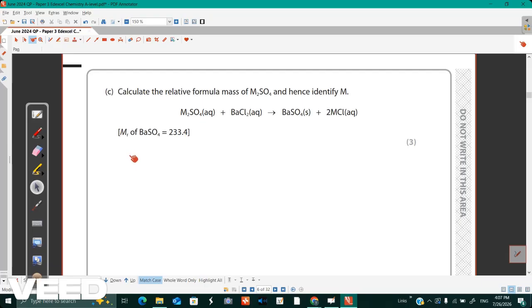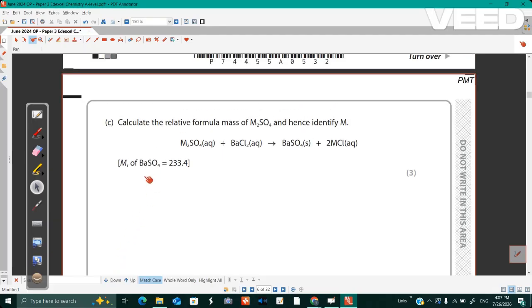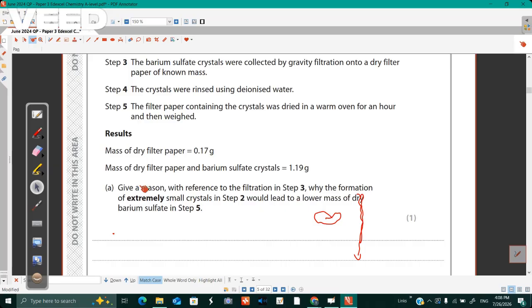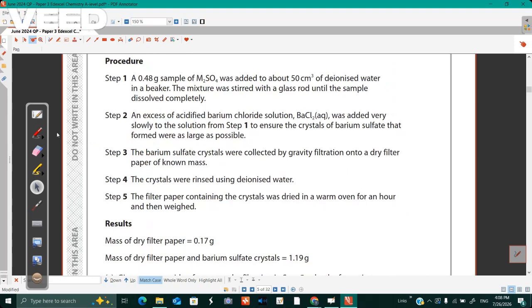The Mr of barium sulfate is also given. So if we go back to the experiment, okay, the initial mass is given here.